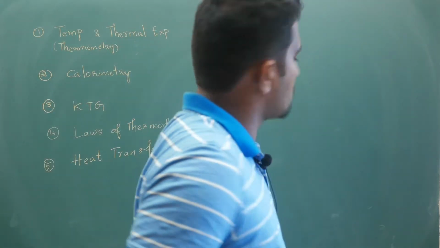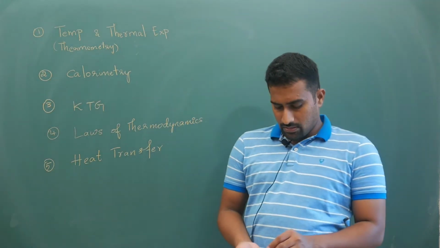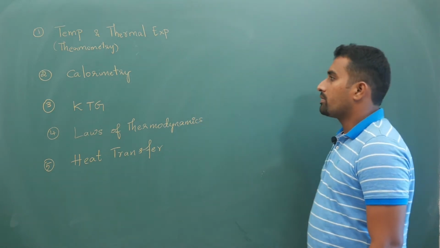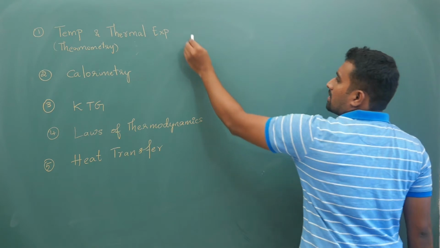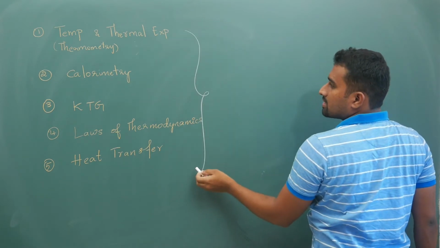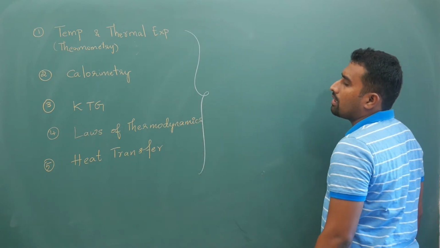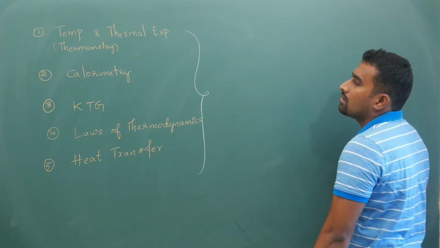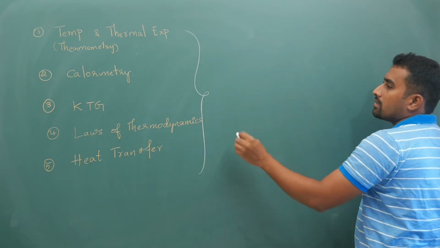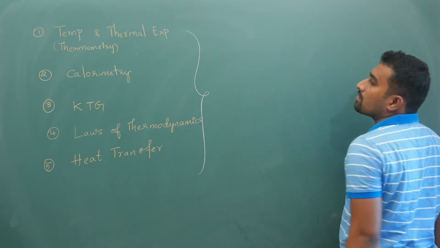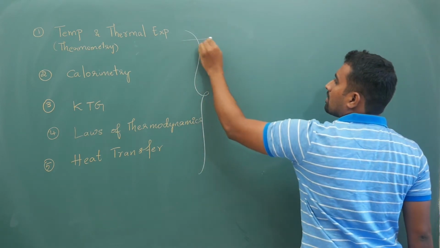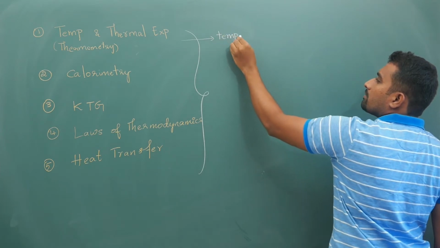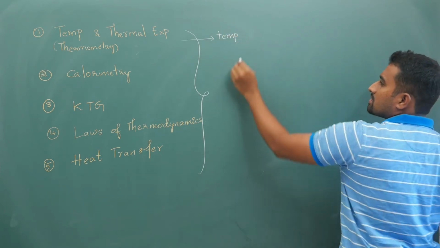Now in today's class we will be seeing only basic information. All these chapters will be discussed in detail, and your problem solving session lectures will be completely different. In each chapter, what will you learn? In this chapter you will learn temperature and its calculations.